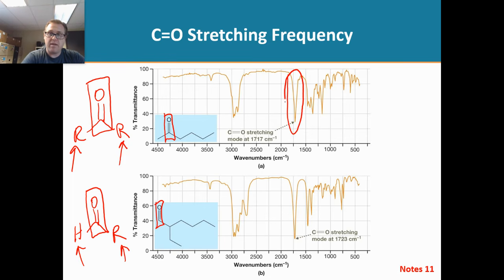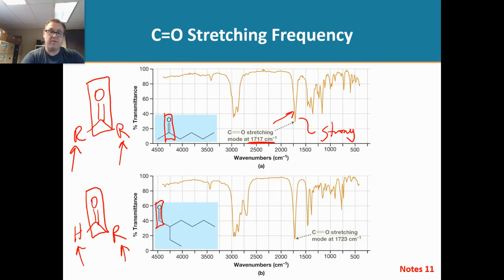Do you see how the wave numbers 1717 and 1723 are so very similar? And so what this does for us is whenever we have a strong stretch around 1700, then we know as chemists that our molecule has a carbonyl in it.